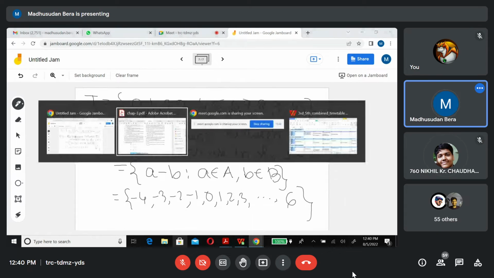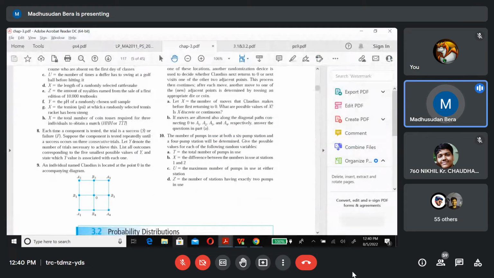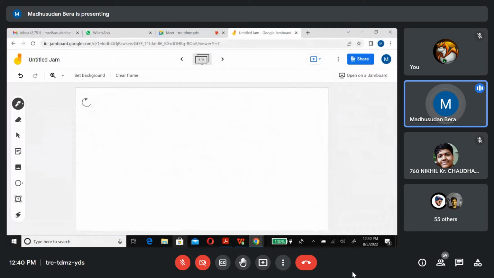Then C is the maximum number of pumps in use at either station.